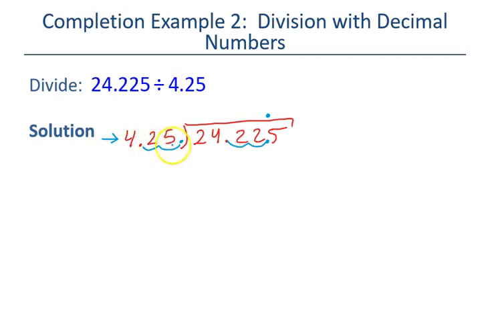I'll start looking at things, going, well, 425, will it go into anything? I just work my way exactly how I would in a normal situation. How many times will 425 go into, well, I can't do the 242. I have to go to this 2,422, and I notice it's going to go in 5 times. 5 times 425 is going to give me 2125.